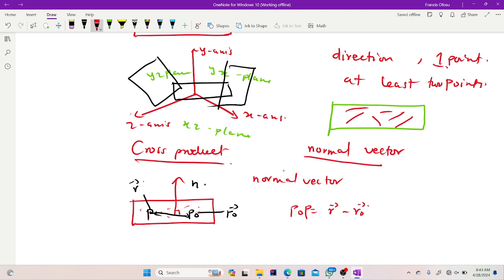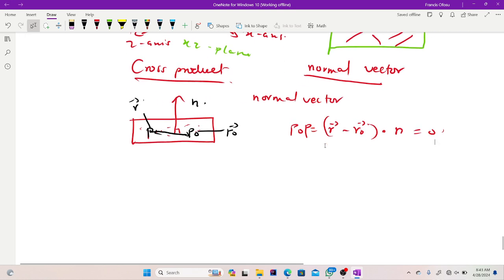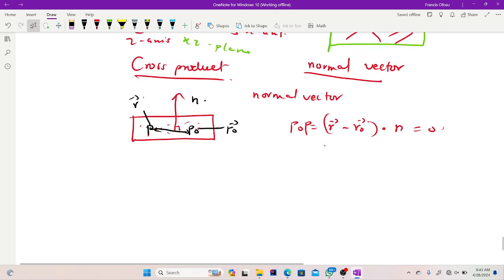So this expression here is always giving us 0 when you find the dot product of this and our normal vector n, which should give us 0. So still deriving our equation, we realize that (r minus r naught) dot n should give us 0.